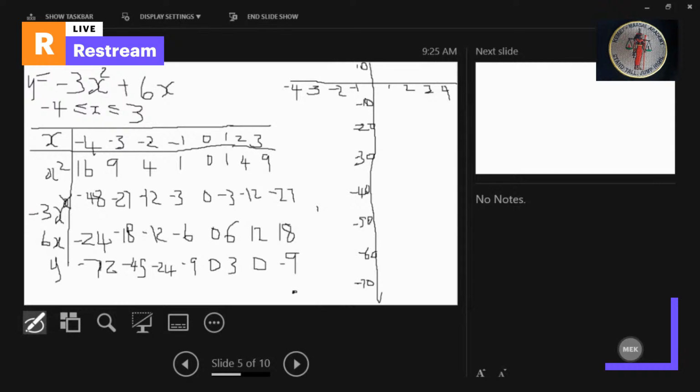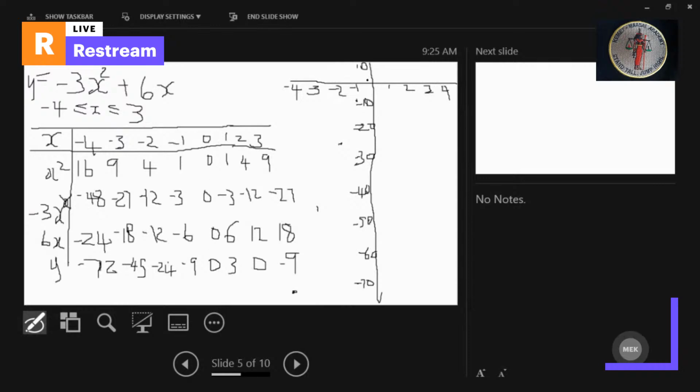Negative 2 to negative 24. So negative 2 on the x, down to almost halfway between the 20 and the 30. So that should be about there. Negative 1 to negative 9. So negative 1 on the x, down to negative 9, almost touching the 10.